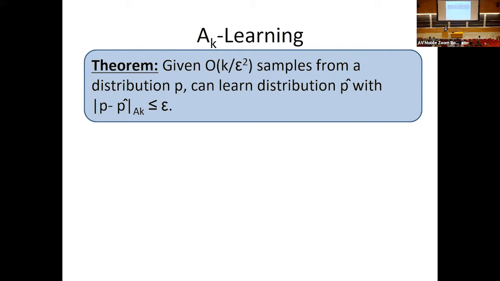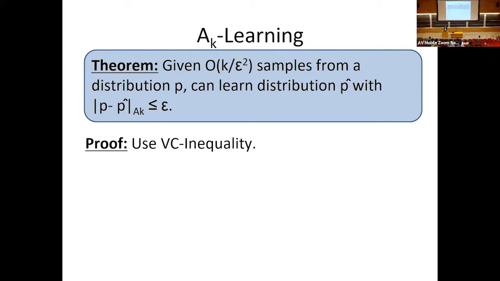And note that to do this with total variation distance, you need N, the domain size, which is infinity. This is not possible in total variation distance. And the proof of this is quite easy. This just follows from the VC inequality, basically because your test sets are just unions of K intervals, and that has VC dimension O of K.